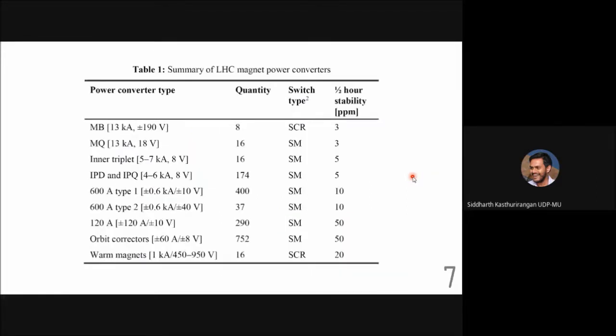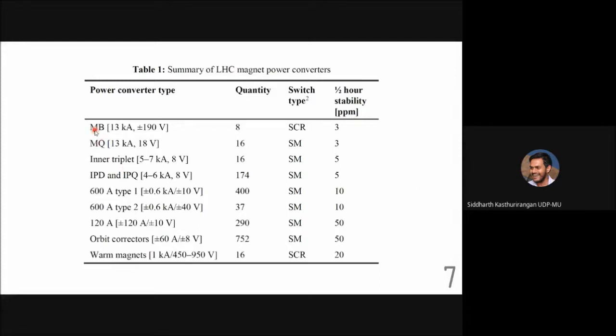This is just a few values from the Large Hadron Collider, which is at CERN in Switzerland. The purpose of this slide is to show you the kind of currents and voltages which people talk about when you are operating these particular magnets, and also what kind of stability you need in the magnet for steady operation of the beam.